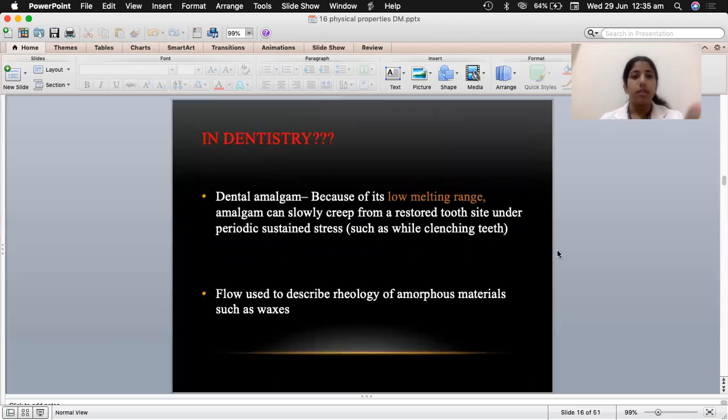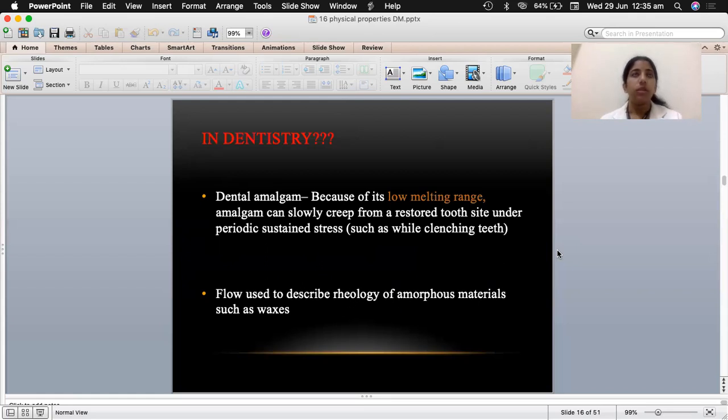This is an application in dental amalgam because it has a low melting range. So amalgam can slowly creep from the restored tooth site under periodic or sustained strain. That sustained stress is the constant mastication. Once you fill the amalgam, a constant load is applied during mastication, so there will be creep in the amalgam restoration.